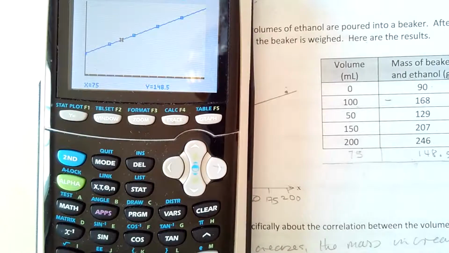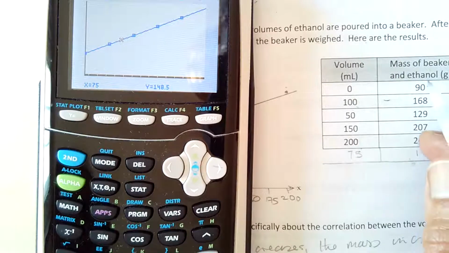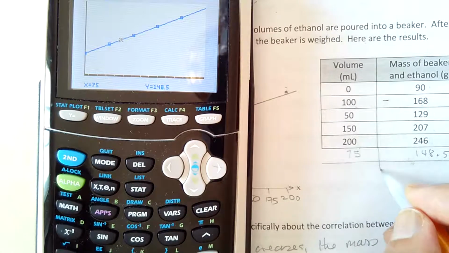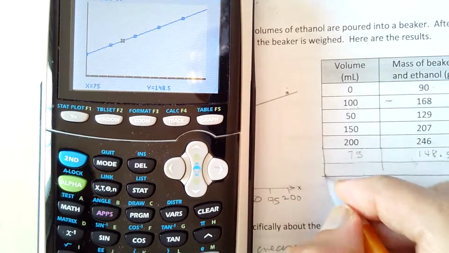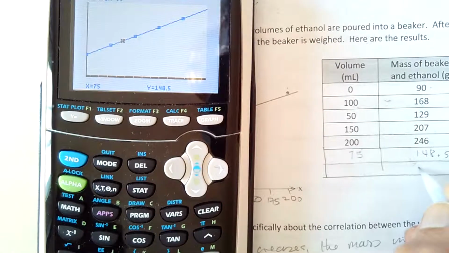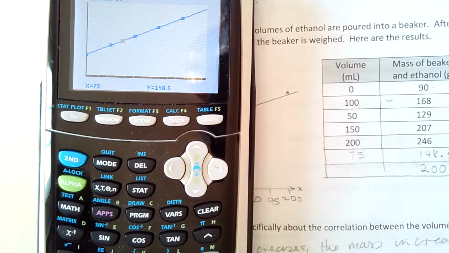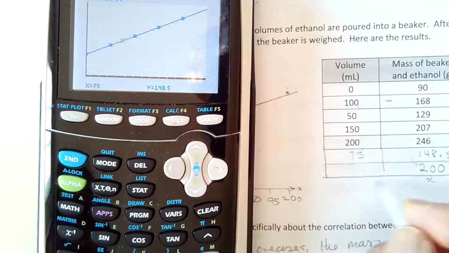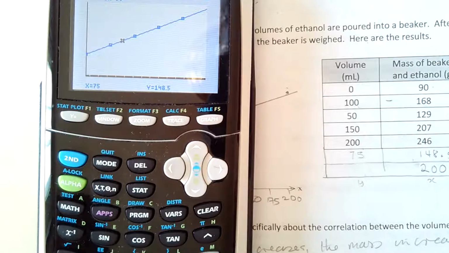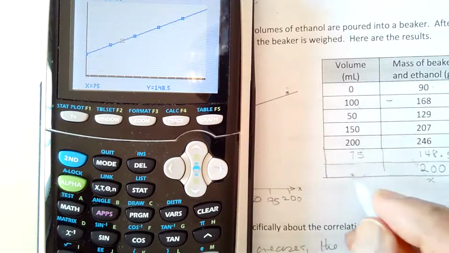Now, what happens if we have a mass? On the other hand, the reverse happens. If you have a mass of, let's say, 200 grams, this is my Y, and what is my volume? So I need to find a volume.